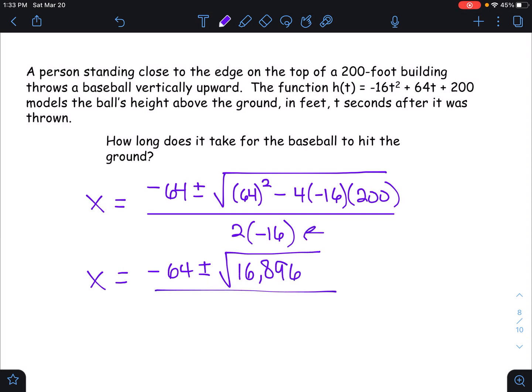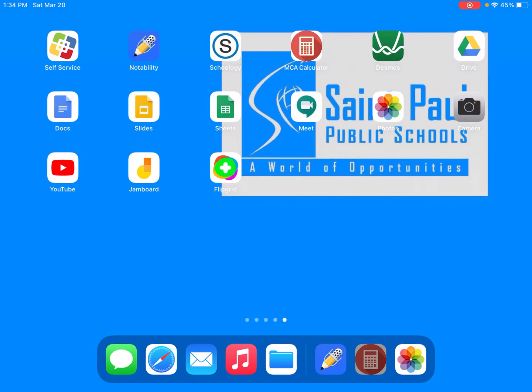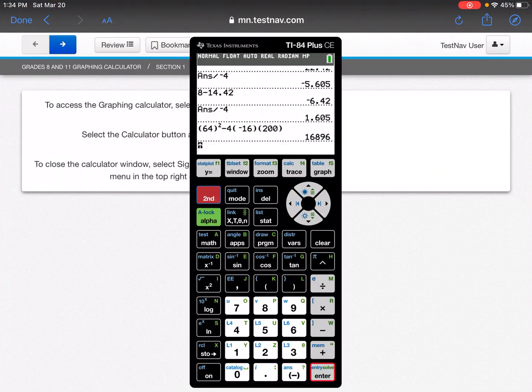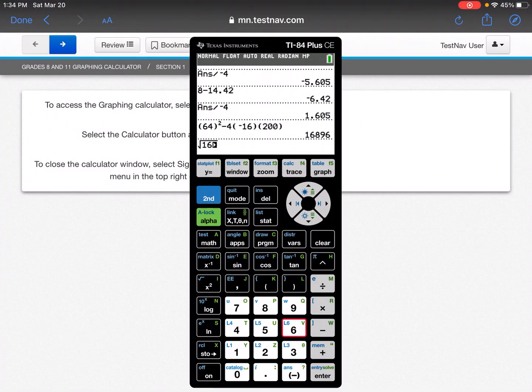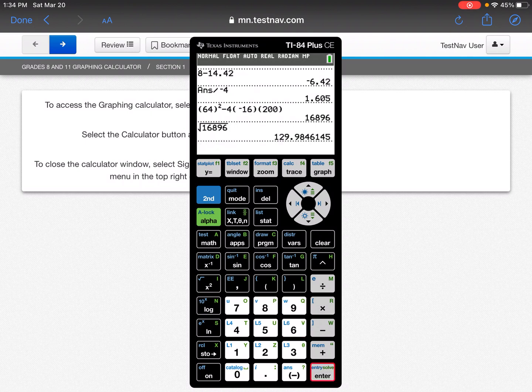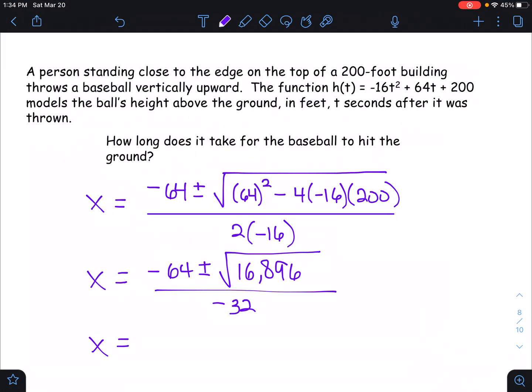Now once again, I might simplify this right away. That's negative 32. Okay, square root of 16,896, rounded to the nearest hundredth would be 129.98.